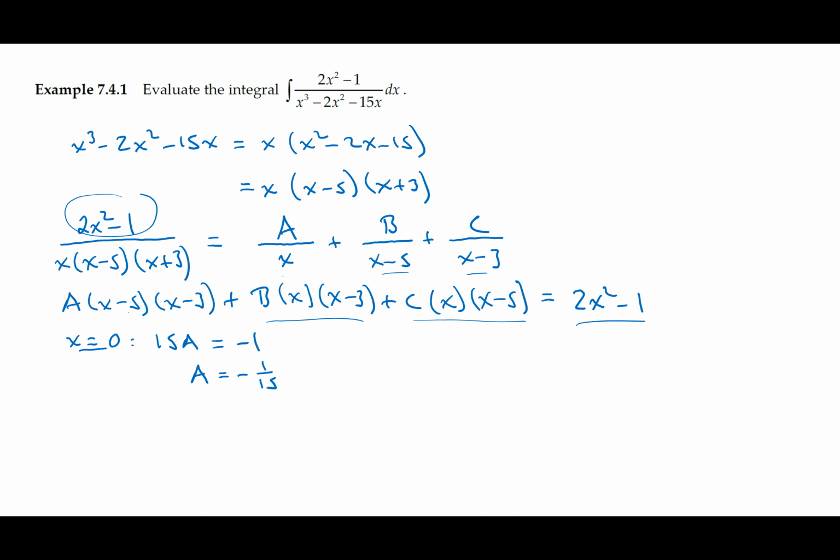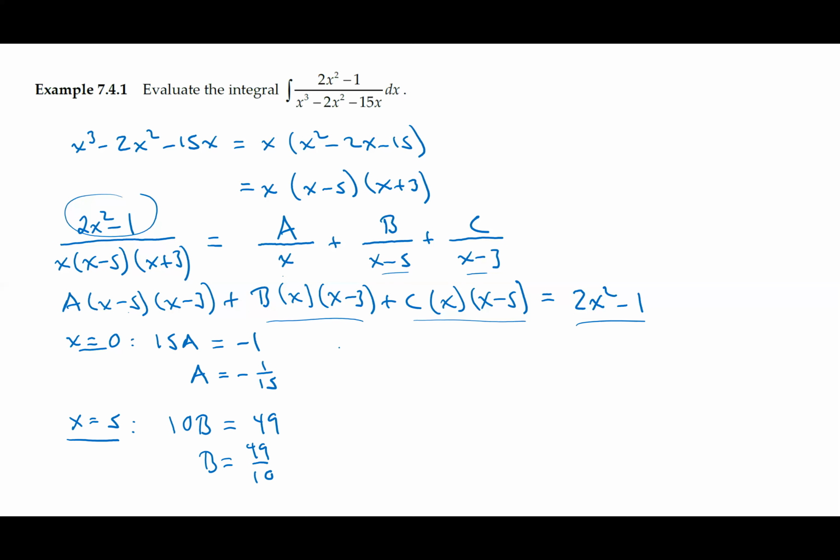All right? Now let's just continue to be strategic here. If I want to find B now, well, I'm going to let x equal 5, because if I let x equal 5, that's going to get rid of my first term and my third term. And so if x is 5, I've got 5 times 5 plus 3, I've got 40B equals, and then the right side of that equation, well, x is 5, so I've got 25 times 2 is 50 minus 1, 49.